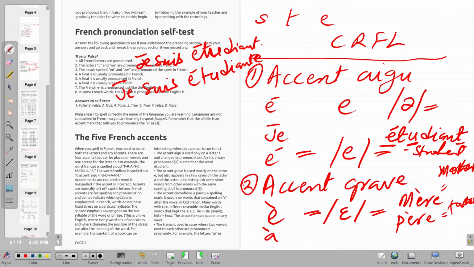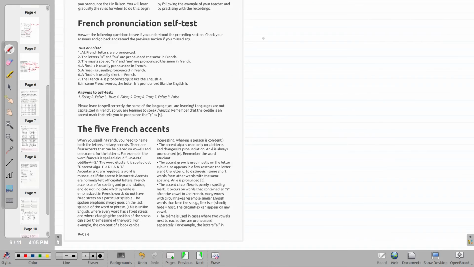Frère. So you can see mère, père, frère. That is accent grave. Remember, it can be on an A for the preposition. I cleaned up so that we can have space for more.